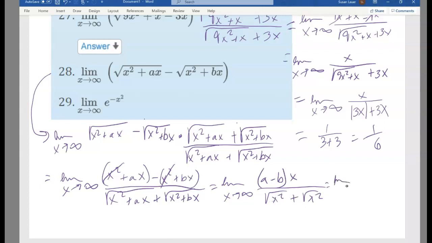This is the limit as x goes to infinity of a minus b times x over 2 times the square root of x squared, which is the absolute value of x. So my answer ends up being a minus b over 2.